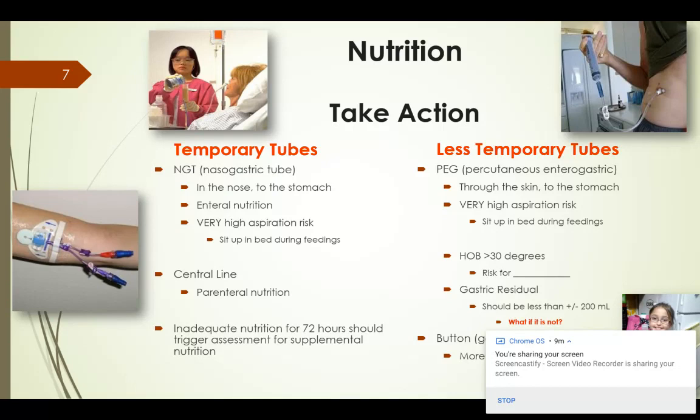And then we do need to consider gastric residual. So gastric residual is how much volume is still in the stomach. Sometimes we need to actually assess whether or not the patient is processing all the nutrition we're giving them. It should be less than or around 200 milliliters. If there is more there, this is a patient who has delayed gastric emptying.